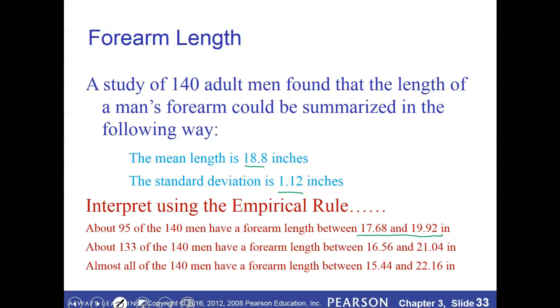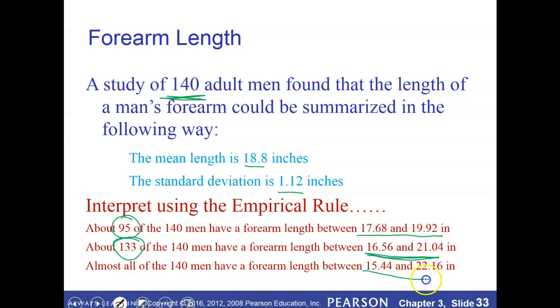That means that 68% of these 140 people in our survey fall within that range. Well, 68% of 140 is 95 men. Then 2 standard deviations above the mean, that's 95% of the data falling between those 2 values. That's 133 out of the 140. I would take 0.95 times the 140.